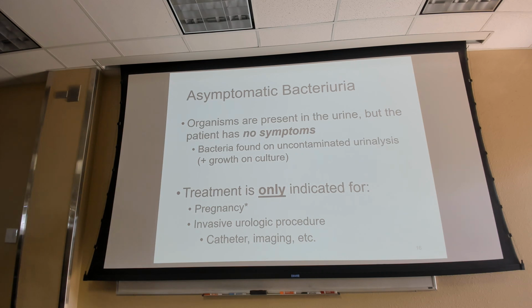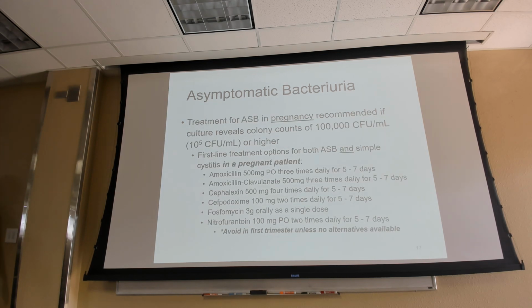Now, ACOG and AUA, so American College of Obstetrics and Gynecology and AUA, both agree that these two cases should be treated, all right, especially pregnancy. We're going to go to that next slide here, focus on that. Now, let me explain this one. Look at this bullet right here. This is two lists in one, okay?